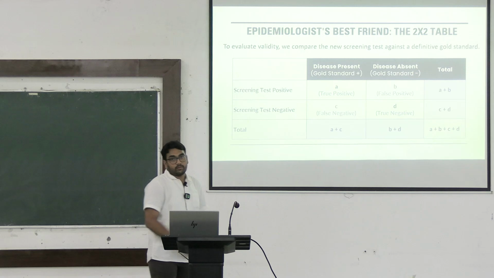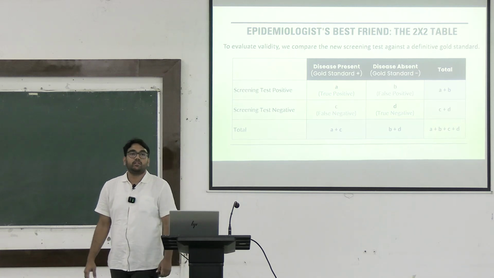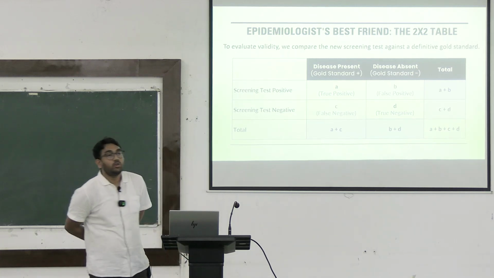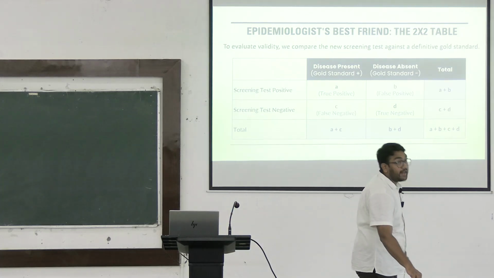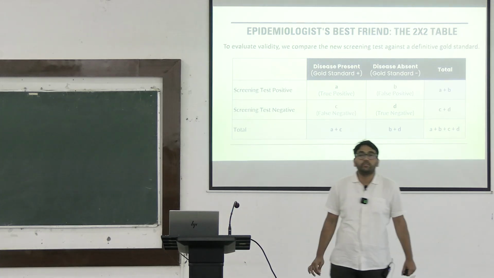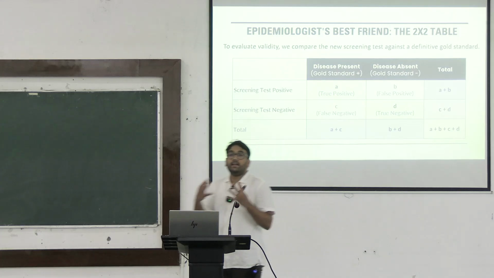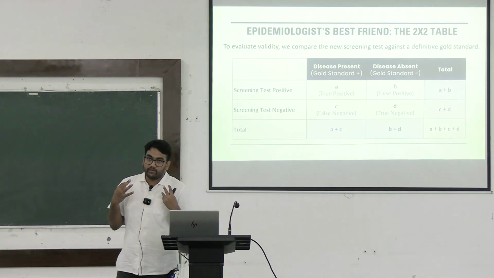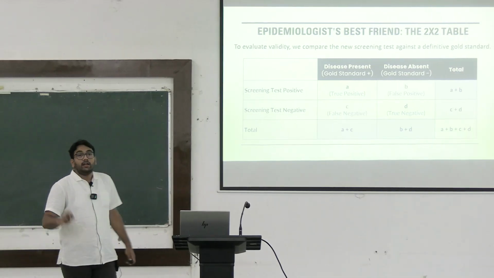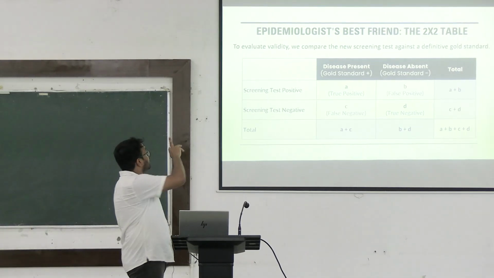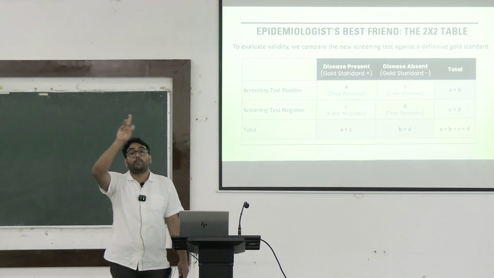Now comes the epidemiologist's best friend, which is a 2x2 table. Now remember, why do we do screening? We do screening to identify underlying disease, isn't it? So whatever is the truth is always presented in the top rows.